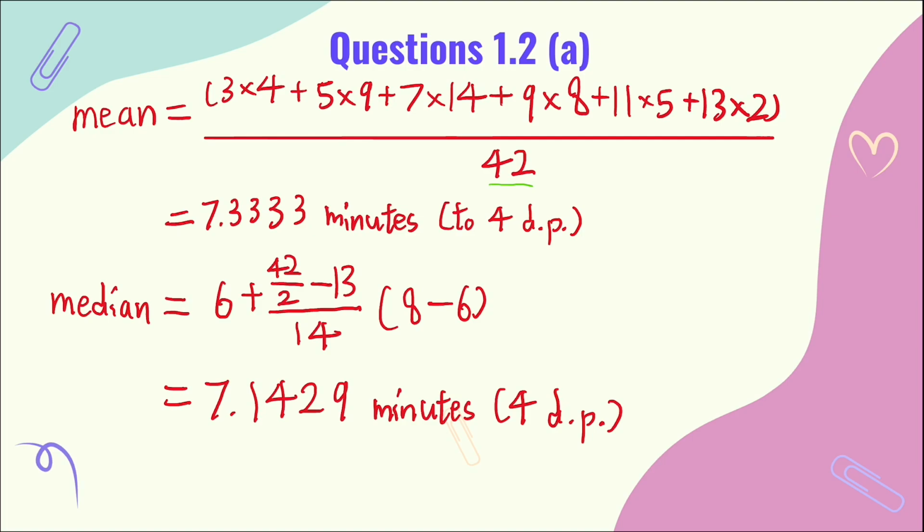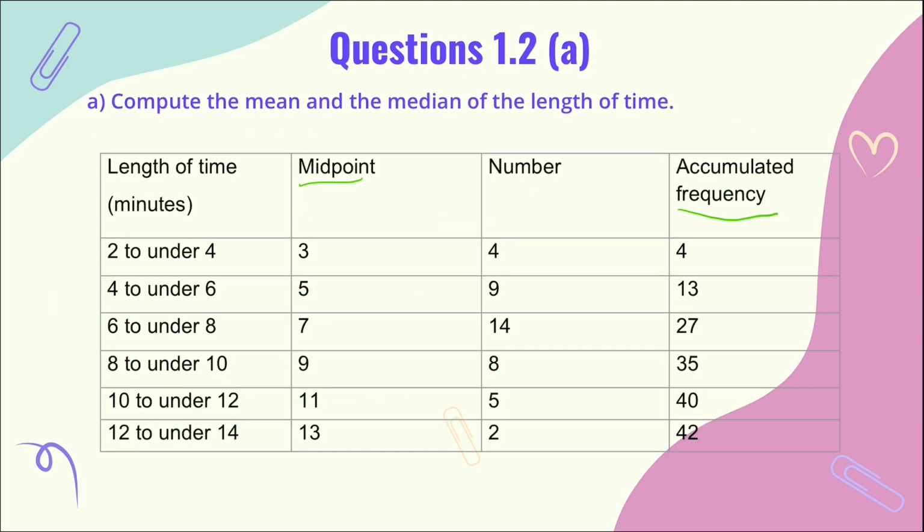As for the median, since there are 42 workers, the median would be at the data of the 21st and 22nd workers, which is in this class.